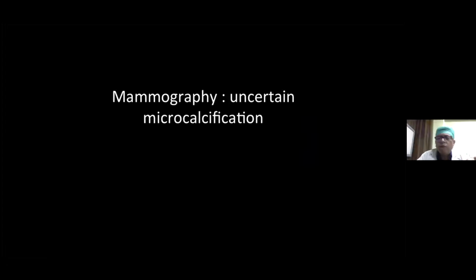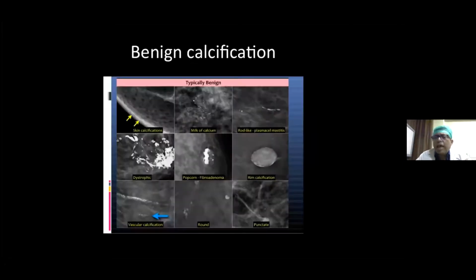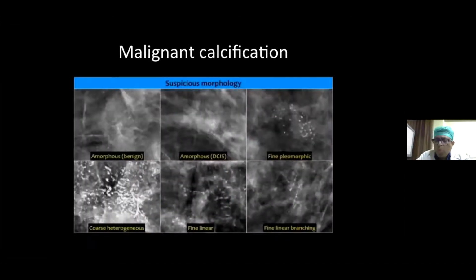Again, the second confusion is of uncertain microcalcification. As Dr. Orunima has rightly pointed, my breast nurse would be able to tell that these are all distinct benign calcifications, and there is no confusion. When we go to this type of lesions, now again, for postgraduates, I would make this statement very clearly.